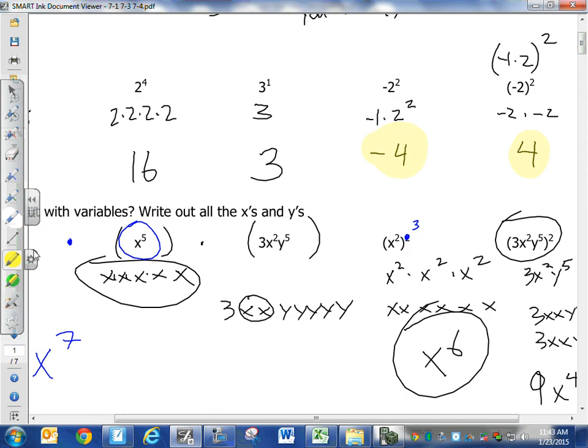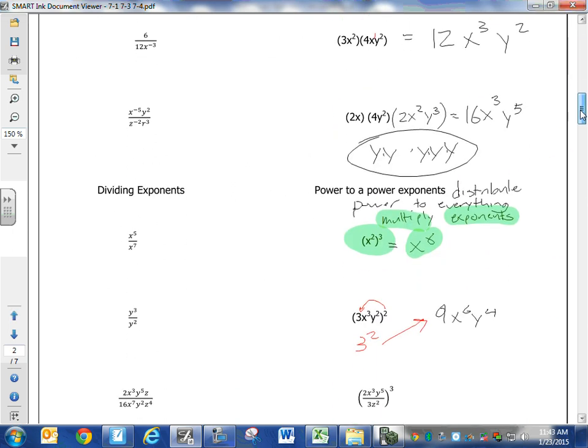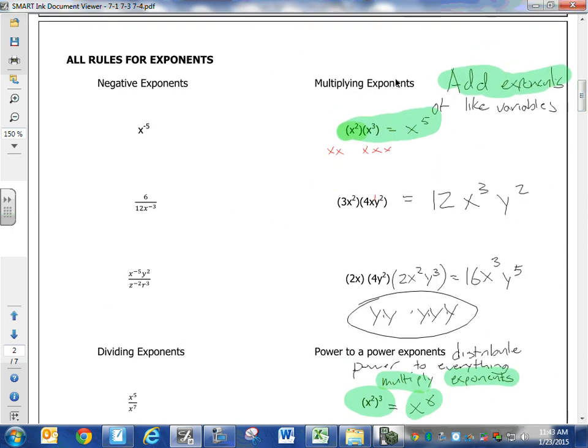Go back to the first page. No. Nope, the first page. We've done 2 rules so far. We've done multiplying exponents. We've done power to powers.